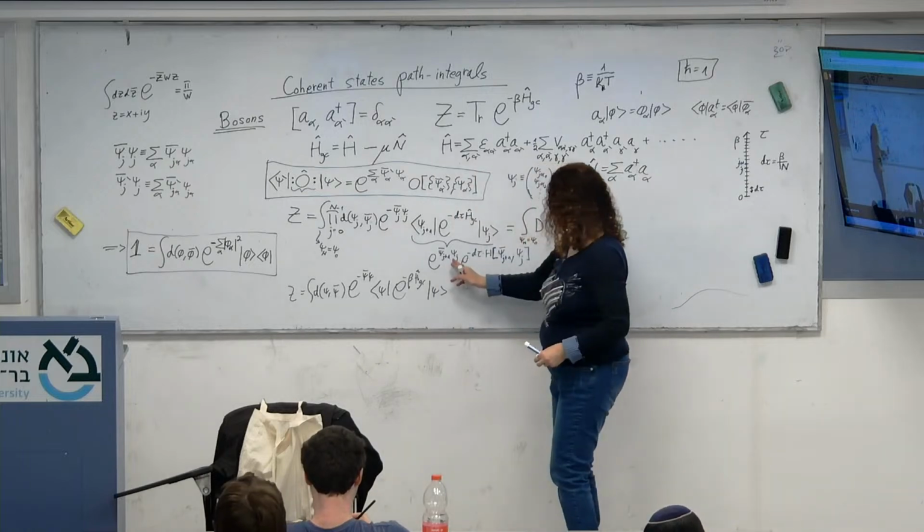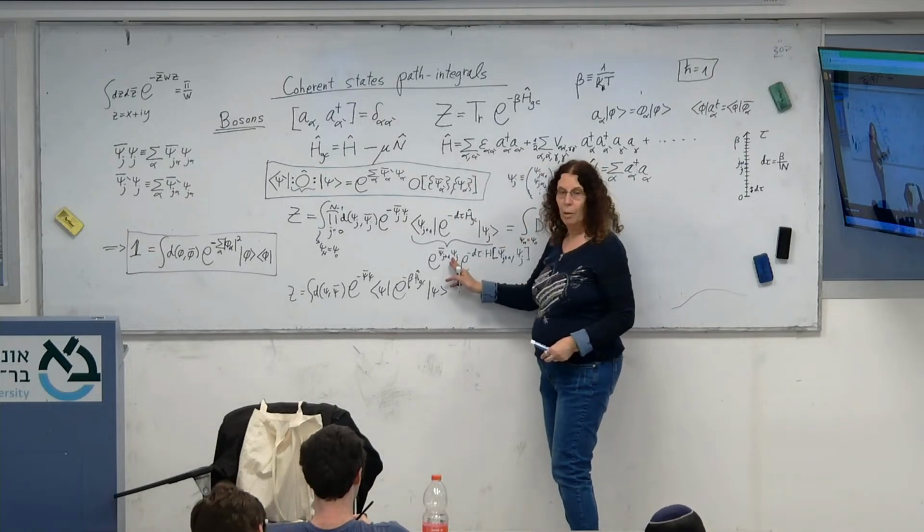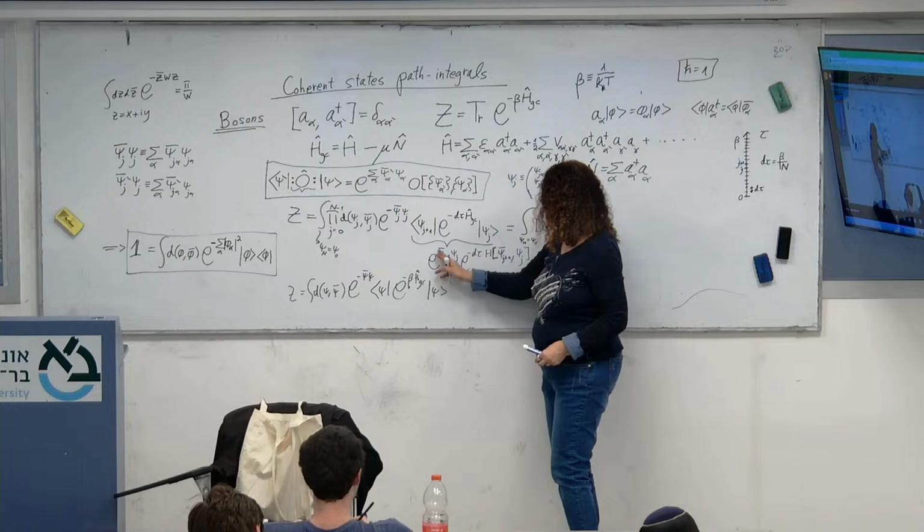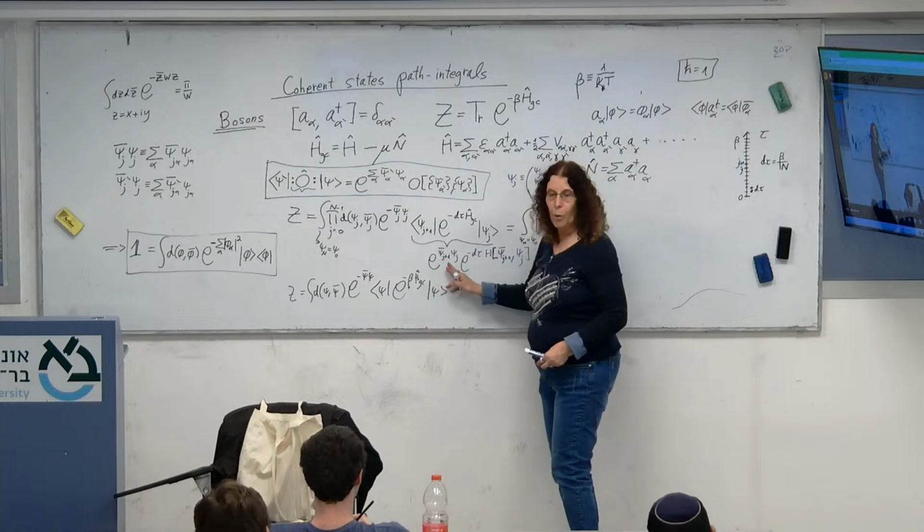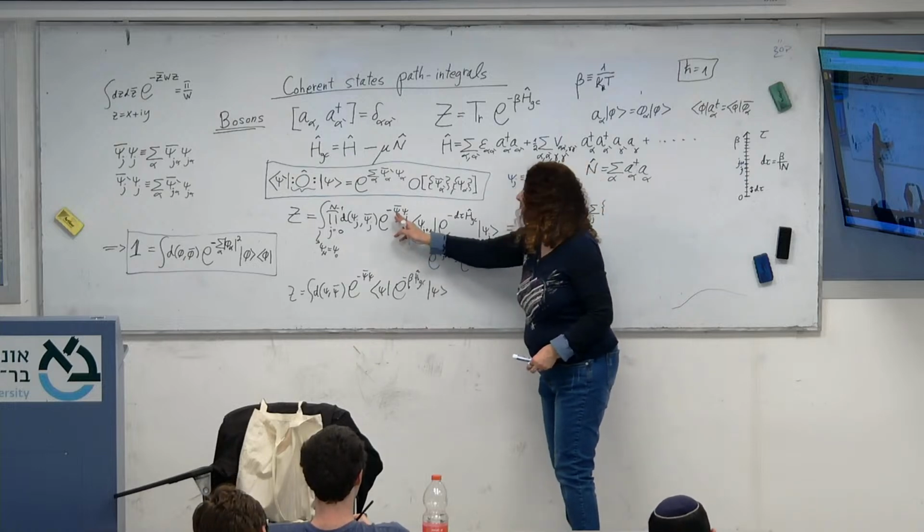In both of them I have psi j, but it's multiplied by psi j plus 1 bar minus psi j bar.